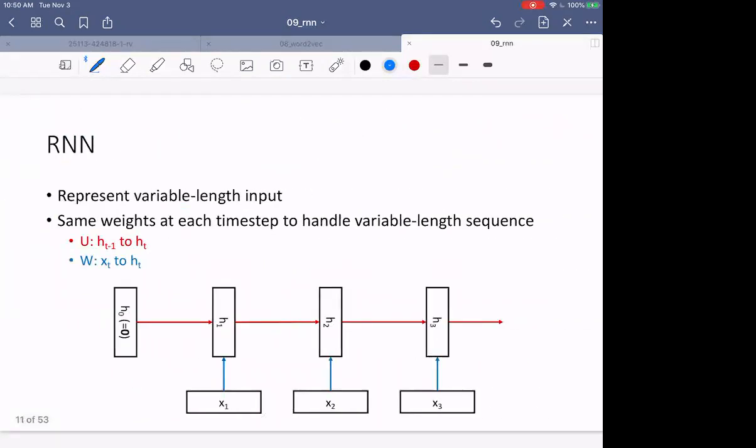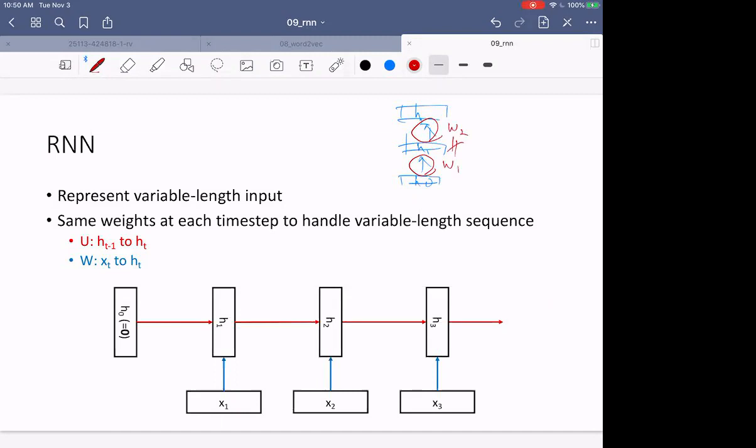Oh, and the important thing is the weights are tied. If you compare with the feed-forward neural network, in a feed-forward neural network this set of weights, the weight matrix and the bias, and this one are not the same. So this is like W2, this is W1. They're not the same thing, right?